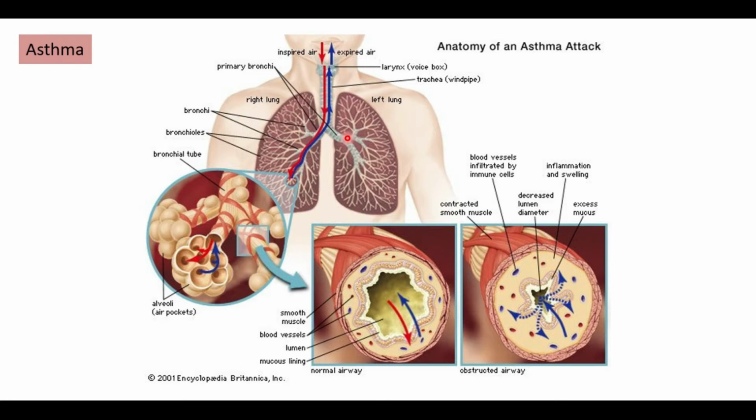This results in a greater or lesser degree of difficulty in breathing. In this diagram, we can clearly see a picture showing a normal airway and a picture showing an obstructed airway. In the obstructed airway, the mucus and the spasm have blocked the airways, and inspiration and respiration become difficult.